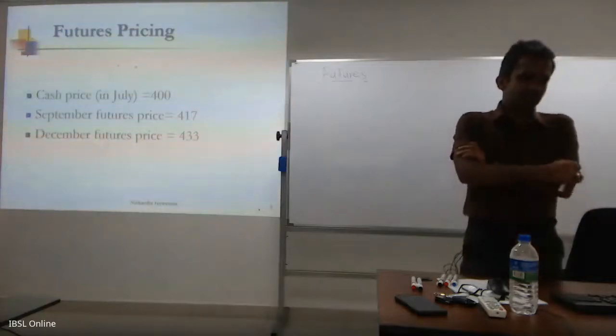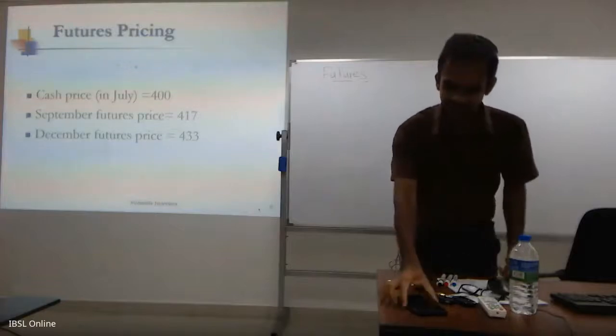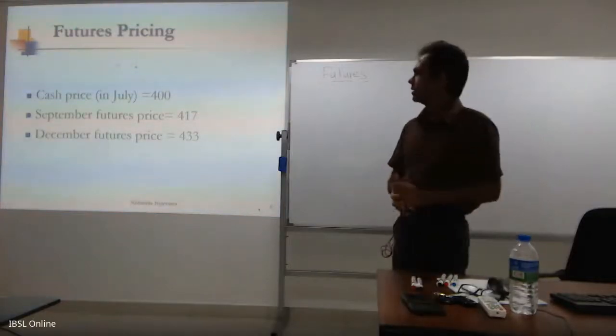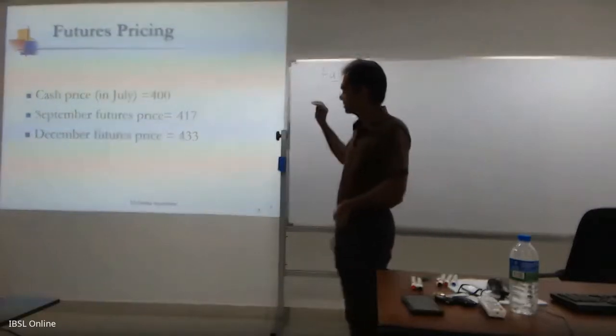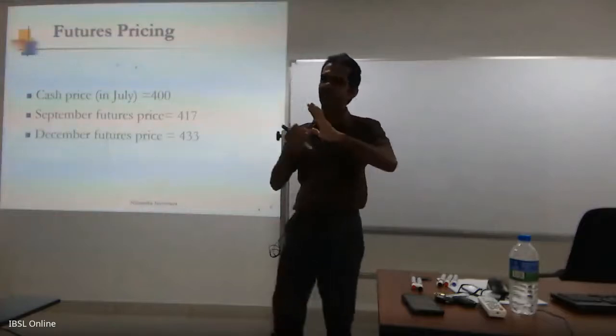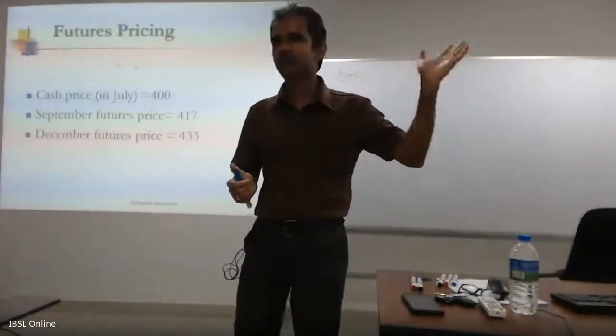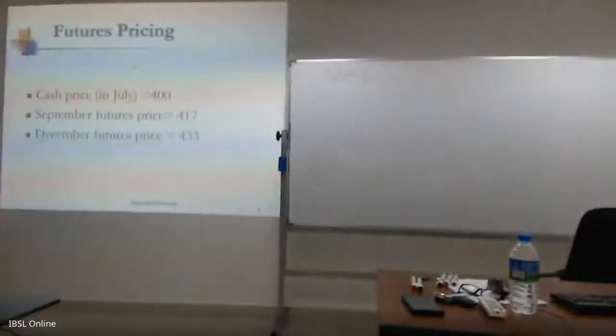So this is a very simple example. You can see cash price, September futures price, December futures price. Assume we are somewhere in July or August, before September. Otherwise, September is now history.